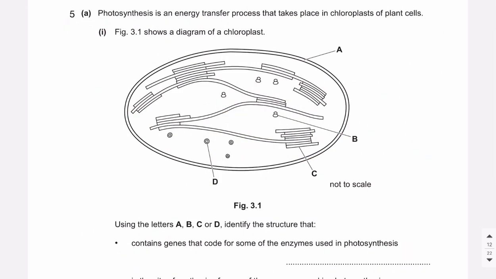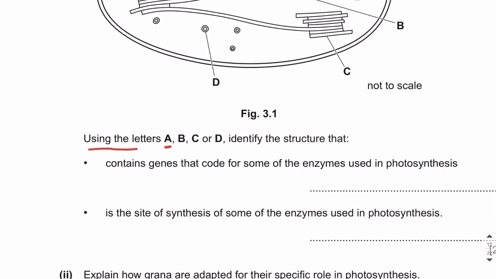Let's discuss question number 5, part A. Photosynthesis is an energy transfer process that takes place in chloroplasts of plant cells. Part 1, figure 3.1 shows a diagram of a chloroplast. Using the letters A, B, C, or D, identify the structure that contains genes that code for some of the enzymes used in photosynthesis.